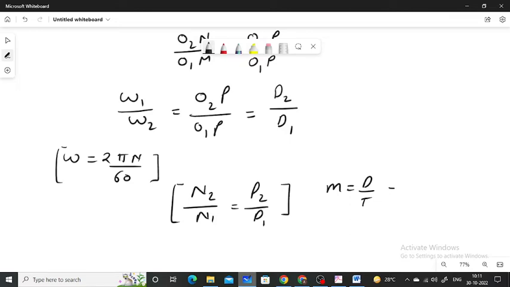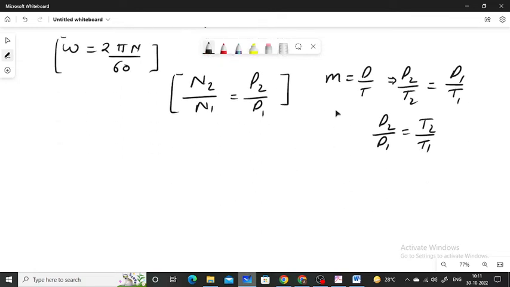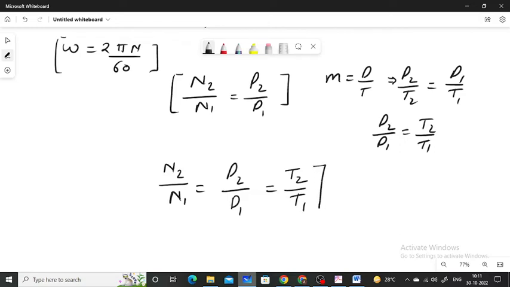So from here d2 upon t2 will be equal to d1 upon t1, or say d2 upon d1 is equal to t2 upon t1. So from the law of gearing, n2 upon n1 is equal to d2 upon d1 is equal to t2 upon t1.